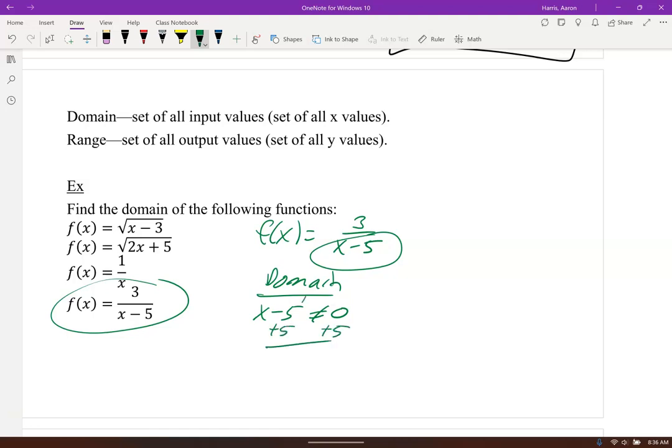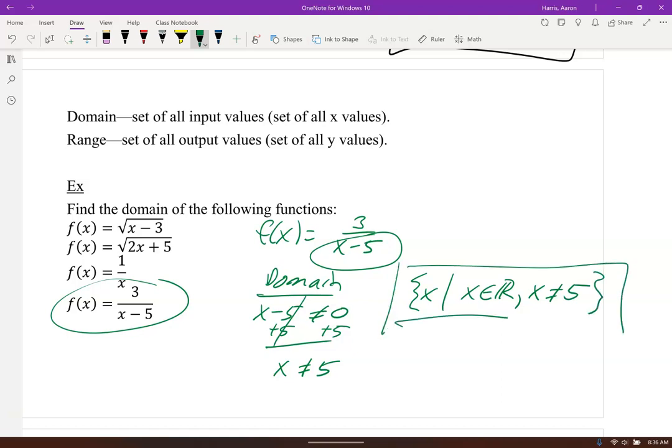And then we solve for x. In other words, x cannot be 5. So we say it can be all real numbers, except it cannot be 5. That's our domain on this. And why? Well, if I plug 5 in, look what happens. 5 minus 5, 3 divided by 0, I can't do that. That's why it can't be 5.